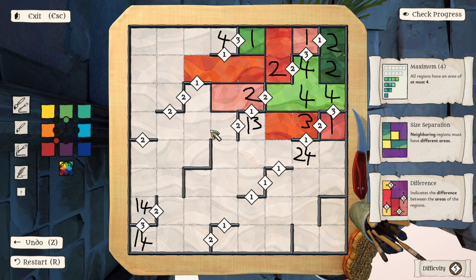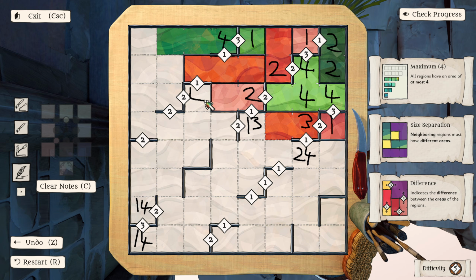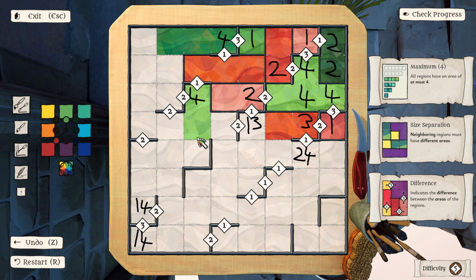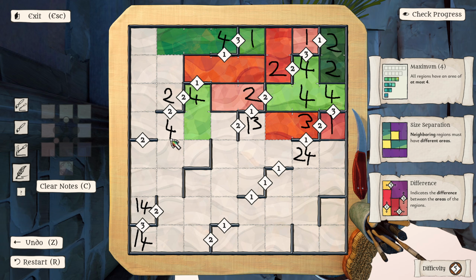That means this is a 3. Because 4 minus 1 is 3, and it's touching a 1 and a 2 and a 2. So that's a 3. This can't be 3 minus 1 is 2. That means this is 3 plus 1 is 4. 4 minus 2 is 2. 2 plus 2 is 4.